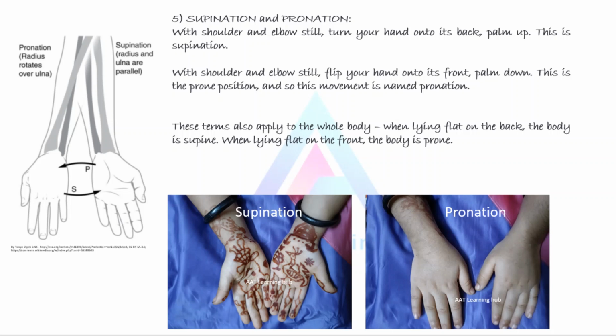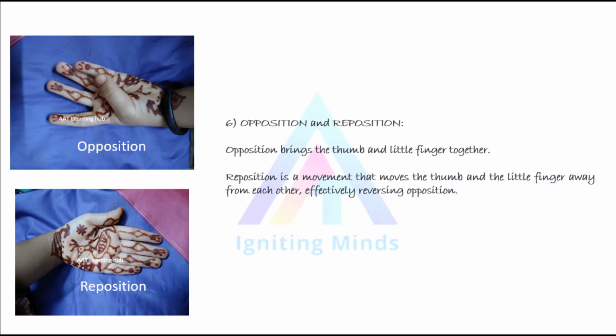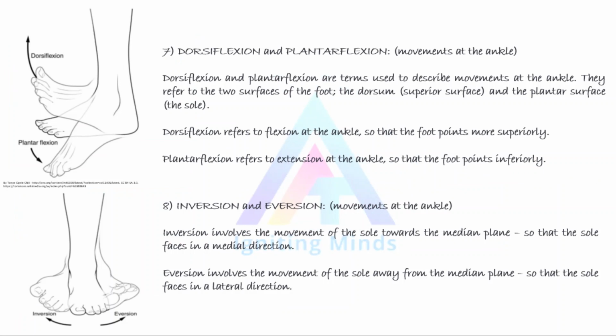The next, sixth, is apposition and reposition. Apposition brings the thumb and little finger together. Reposition is opposite movement, which moves the thumb and the little finger away from each other. Seventh is dorsiflexion and plantar flexion. These are terms that are used to describe movements at the ankle.